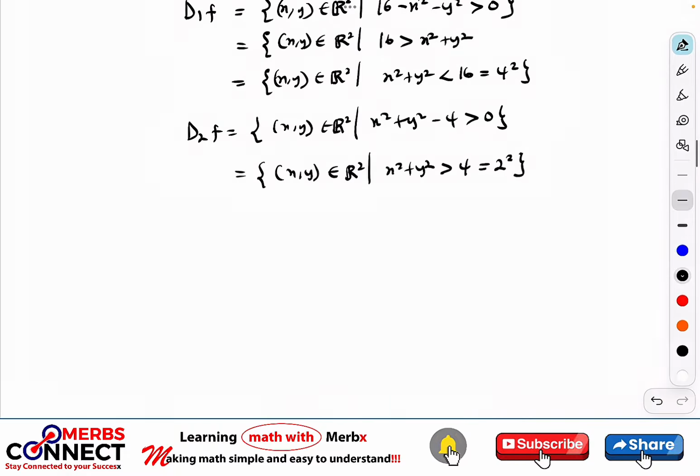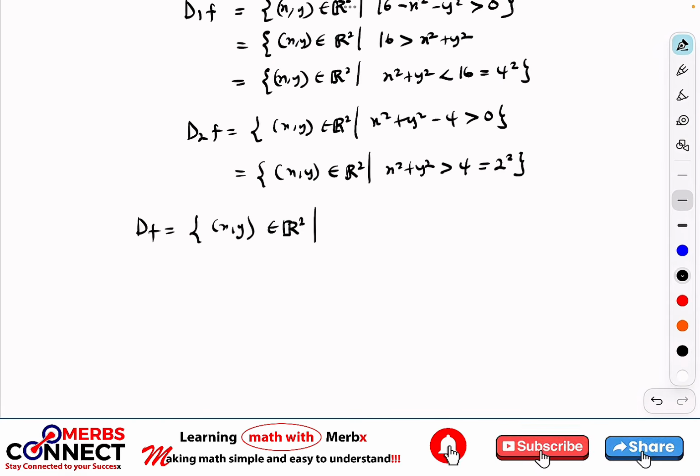So let's combine the domains together. The final domain is x, y belongs to R2, given that x squared plus y squared is less than 4 squared, and x squared plus y squared is greater than 2 squared. So this will be our domain.